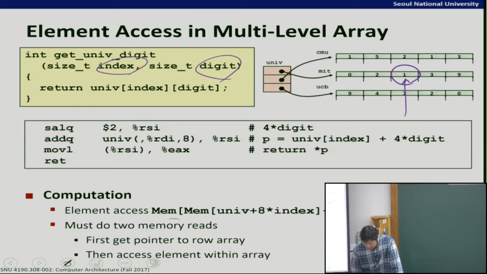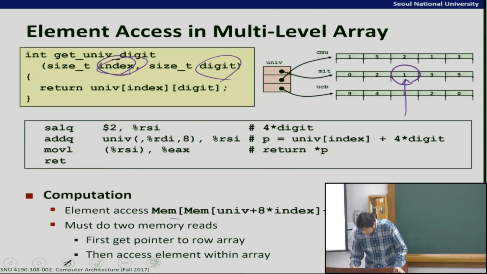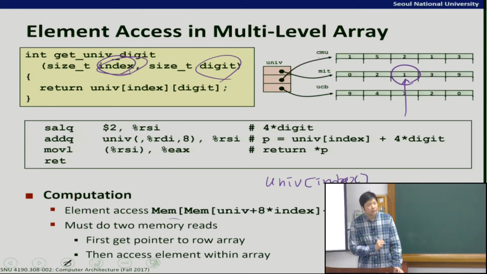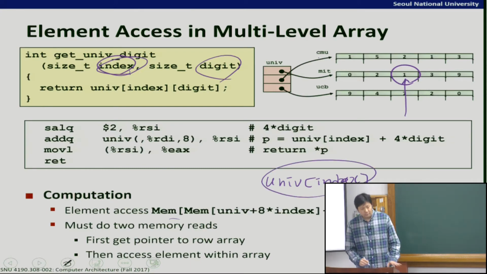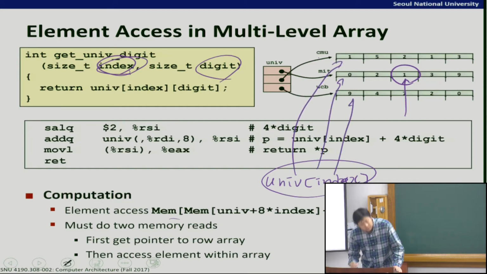We must first access the starting address of the individual array. Let's say index gives us the array, right? So if you have univ index, then this value will give us a starting address of one of the three arrays, right? So this one is the pointer to one of these three addresses, either this one or this one or this one, right?